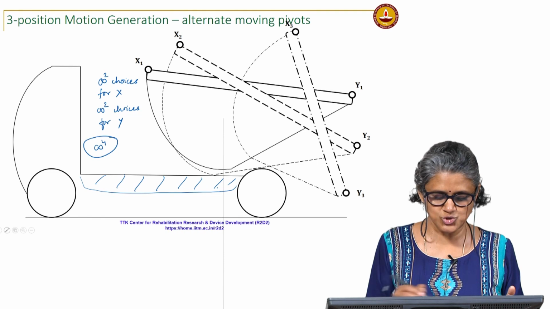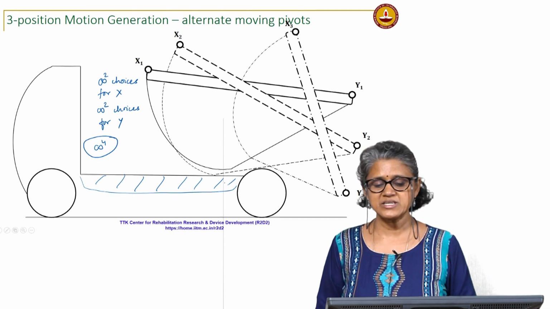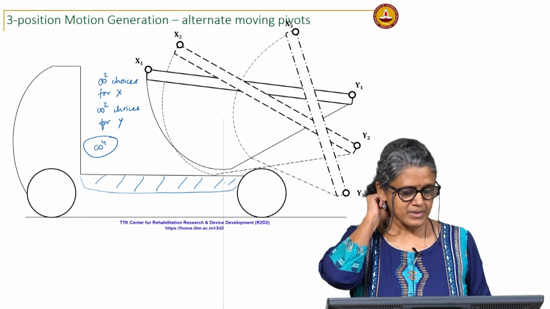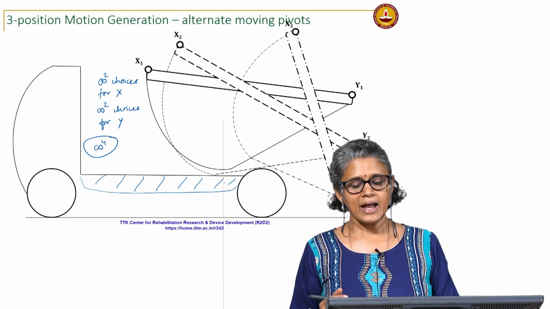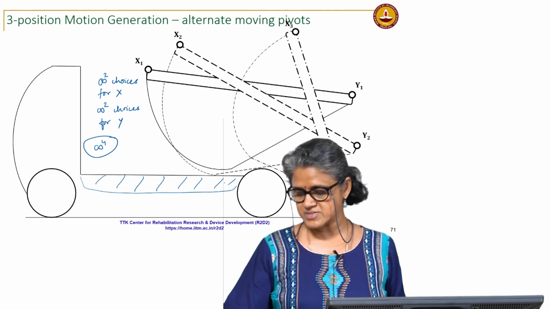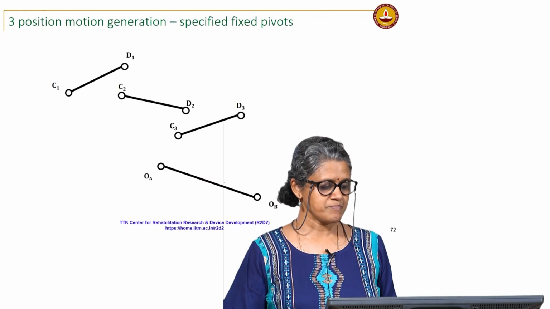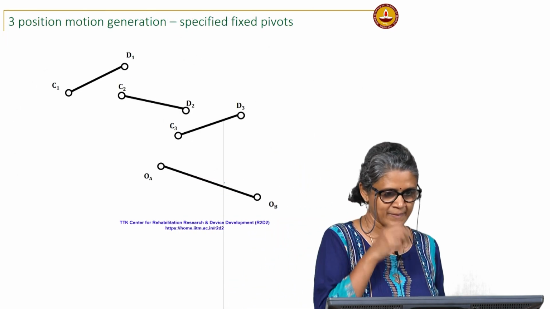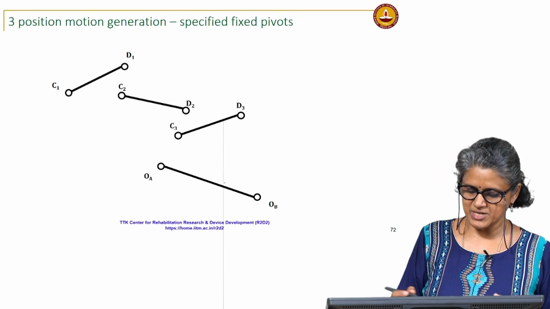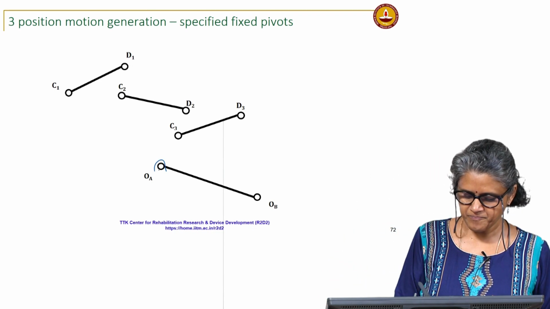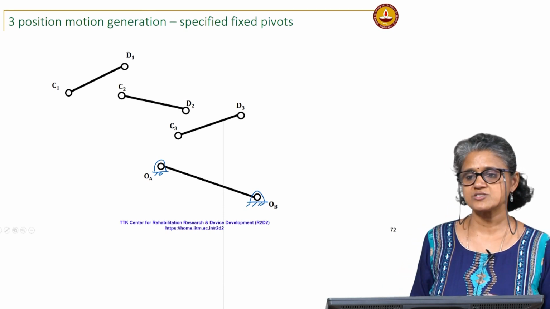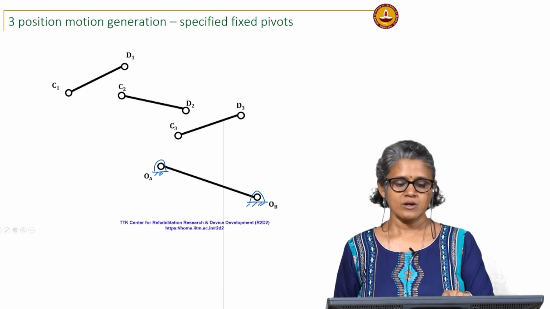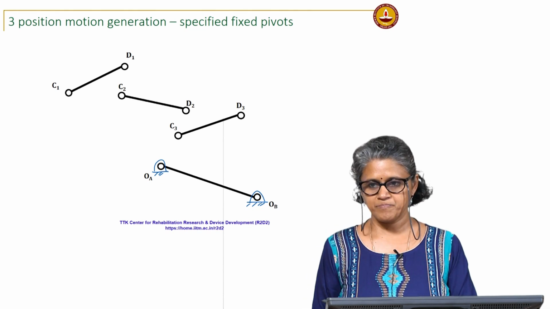So, I may choose fixed pivots in that area, and now for the same problem I have C1 D1, C2 D2 and C3 D3, and say I am given the locations of the fixed pivots. Notice they are OA and OB.